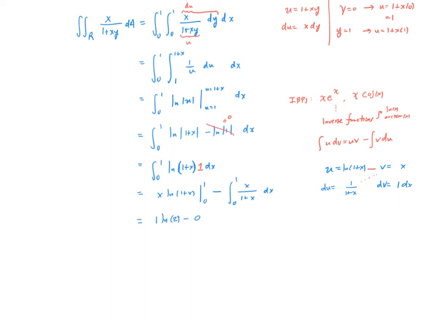Alternatively, I'm going to simplify this algebraically in a somewhat subtle way, but I have the following motivation. What number would be nice to add to this x in the numerator? And if you're thinking a plus 1 would be nice, I agree. If I could somehow make that 1 plus x, well, 1 plus x over 1 plus x is 1, and that's a very easy antiderivative.